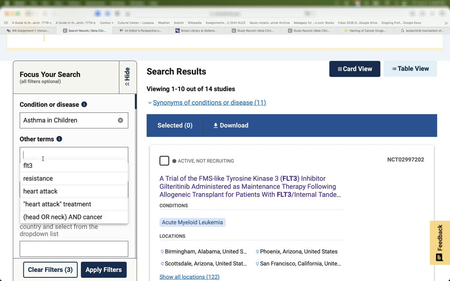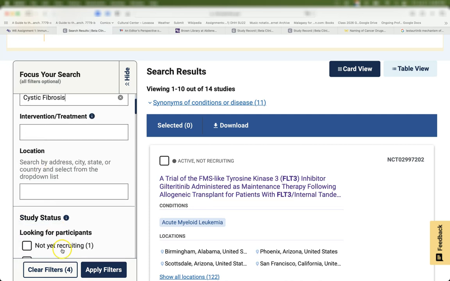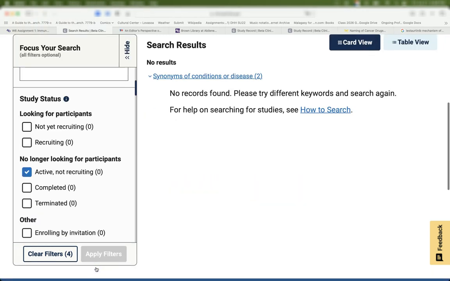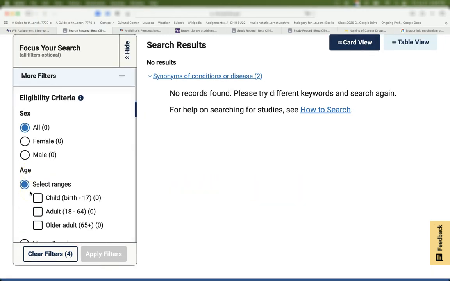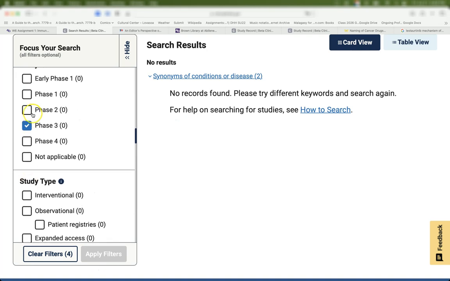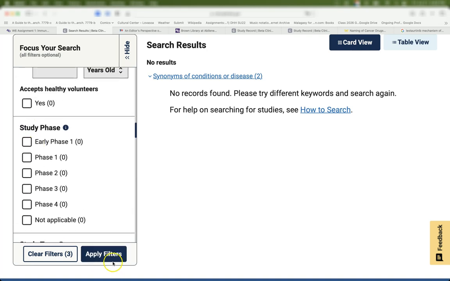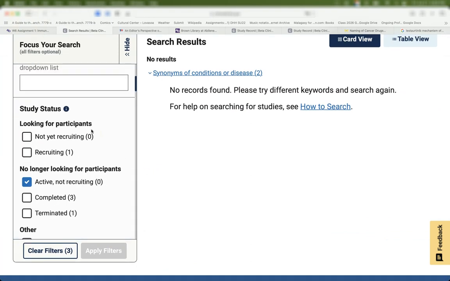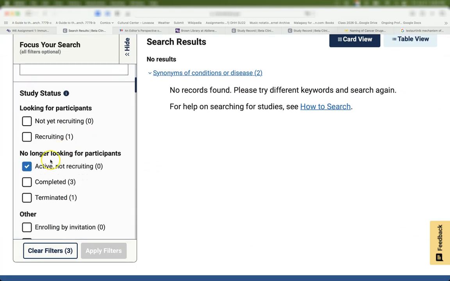And let's say we are looking also for cystic fibrosis. We're going to keep the same other things here. So we're not finding anything because we still have that phase 3 checkbox. Now we're also combining cystic fibrosis, which greatly complicates a lot of lung stuff, with asthma.